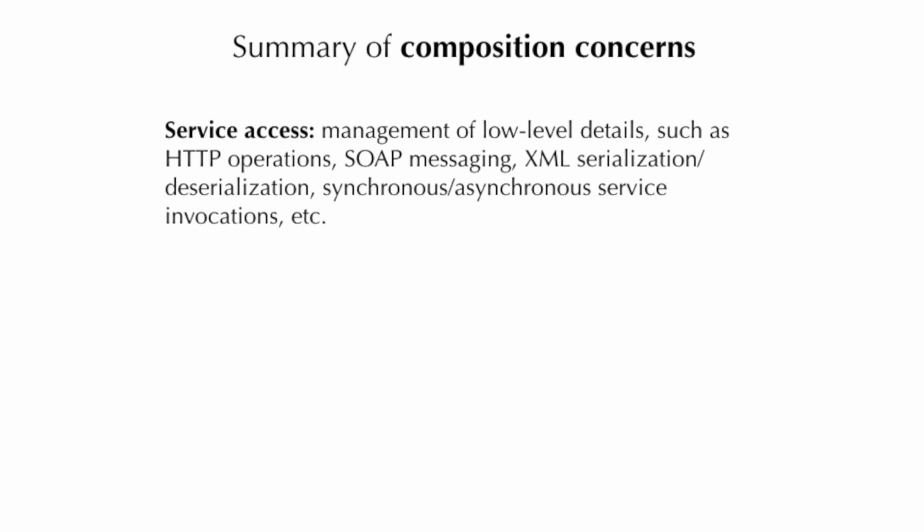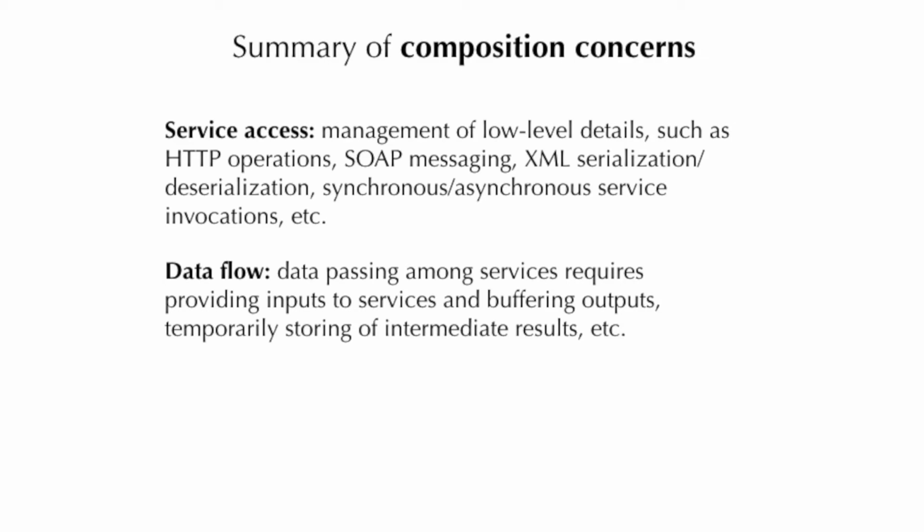And this requires the management of some very low-level details such as the HTTP operations, SOAP messaging, XML serialization and deserialization. Then we have the management of synchronous and asynchronous service invocation. The synchronous ones give immediate feedback, and for the asynchronous ones, we have to wait for the feedback by the service in a non-blocking fashion, for example, and similar.